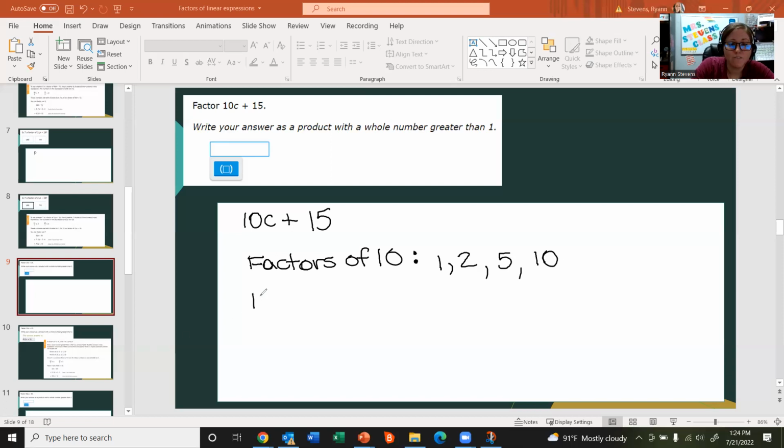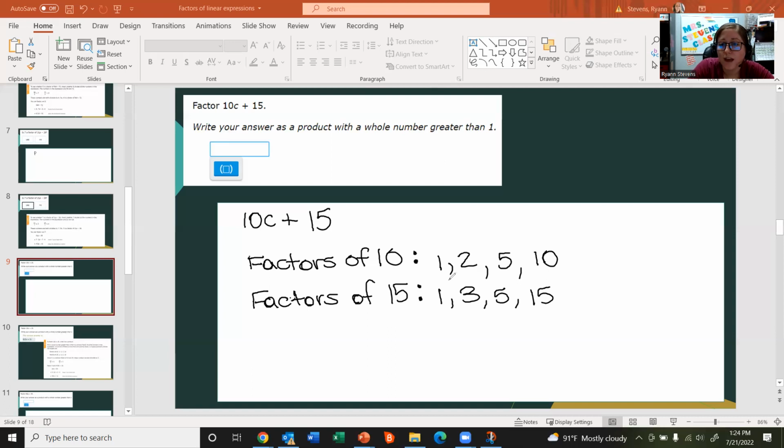Then when we look at factors of 15, this is kind of the longer way to do it, and in most cases you might not have to do it this way, which is fine, but it is always an option. So factors of 15, we have 1. We cannot divide 2 into 15, but we can divide 3, we can divide 5, and we can divide 15.